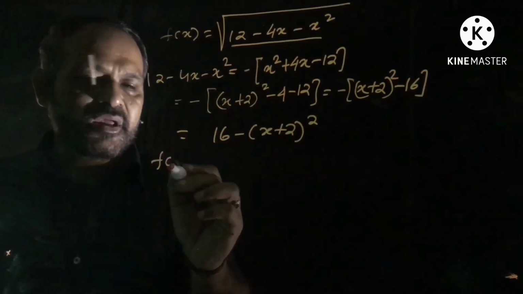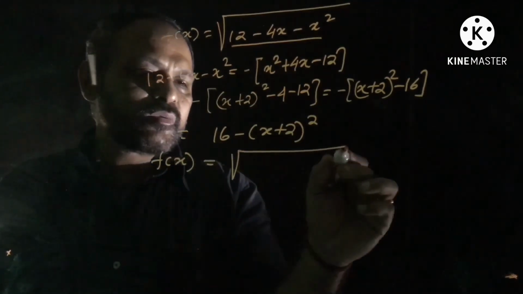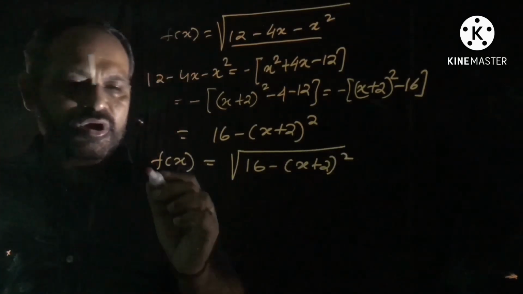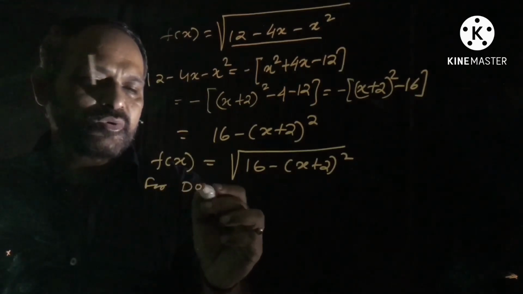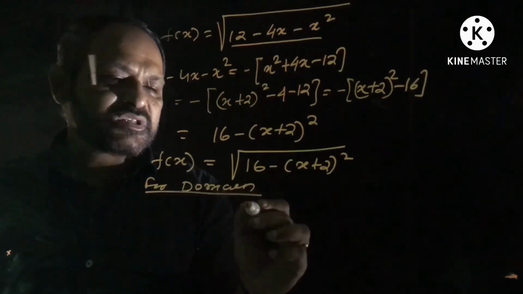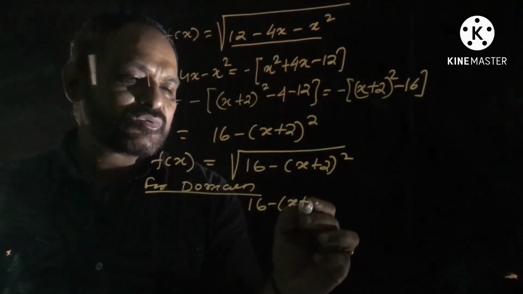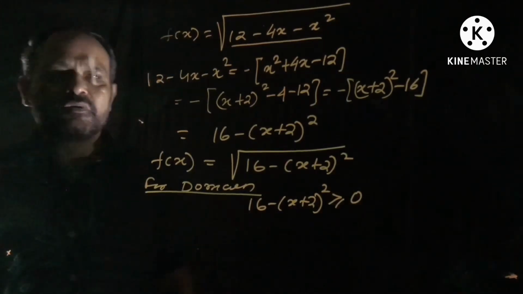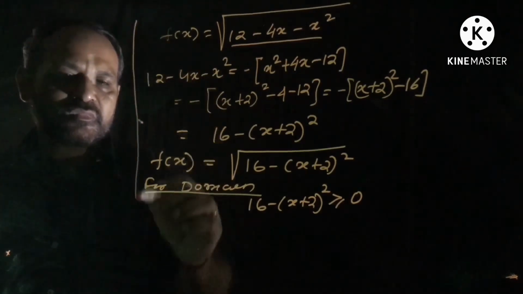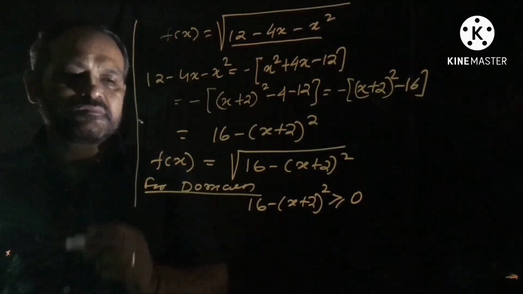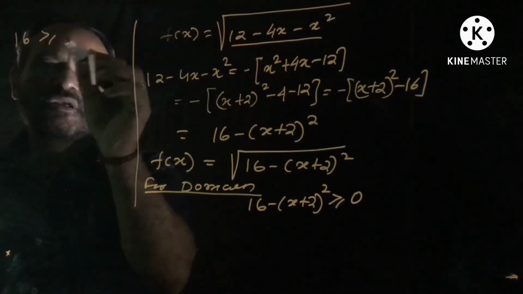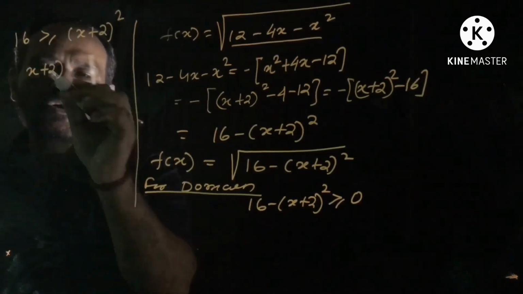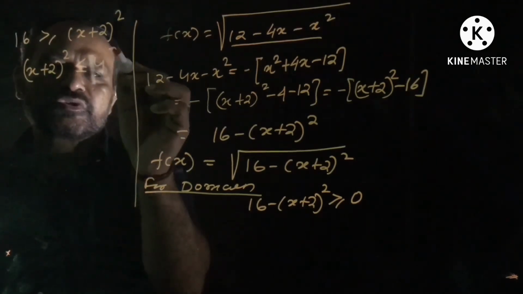Then what is f of x? f of x is equal to root over of 16 minus x plus 2 whole square. For the domain, we know that 16 minus x plus 2 whole square must be greater than or equal to 0, or we can write 16 greater than or equal to x plus 2 whole square, or x plus 2 whole square less than or equal to 4 square.